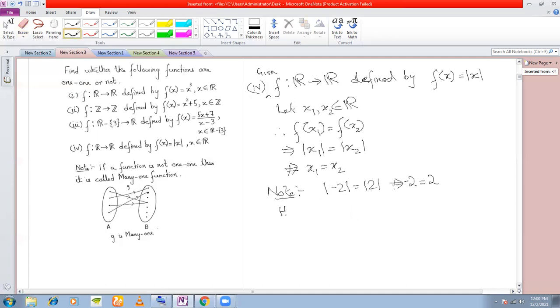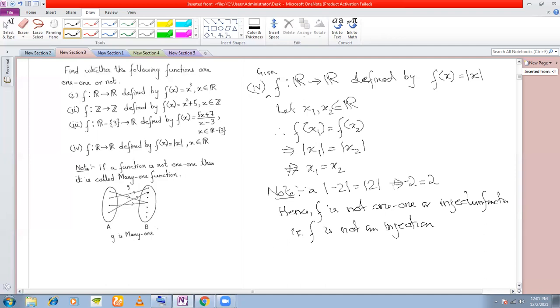Hence, f is not one-to-one or injective function. That is, f is not an injection. And if f is not an injection, what should it be?